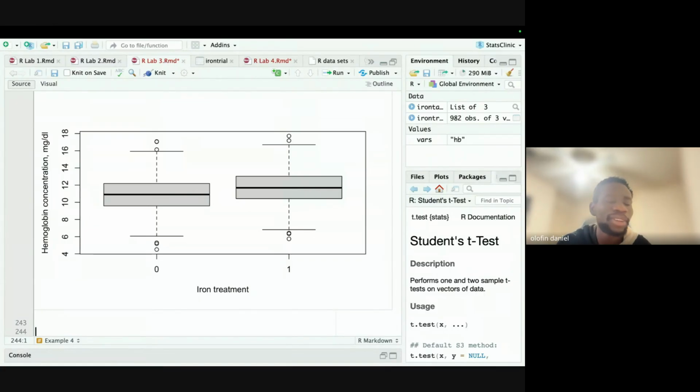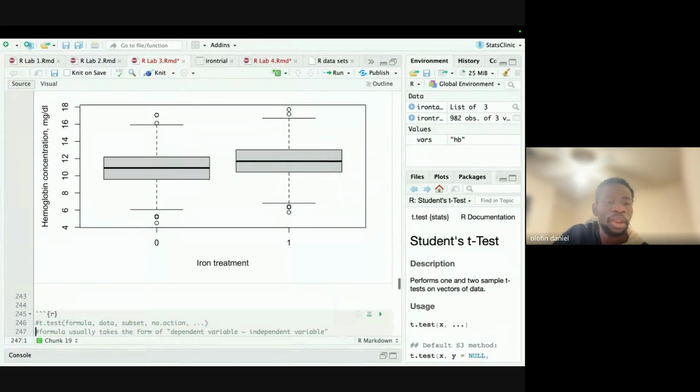But what you actually want to ask is: is this change significant? Because sometimes there might be an element of change, but the change might not be really significant. You can't tell me that the difference between my weight and someone's weight is 0.00001 kg and ask if that is really significant. Those are the questions we really want to answer.